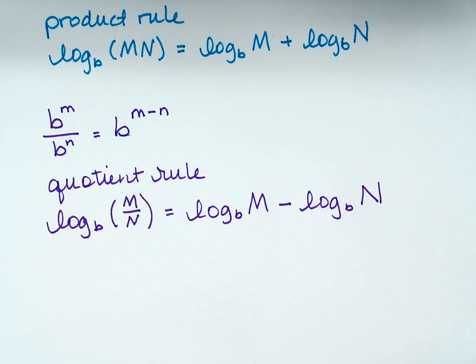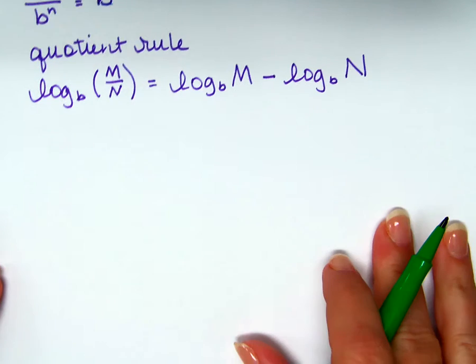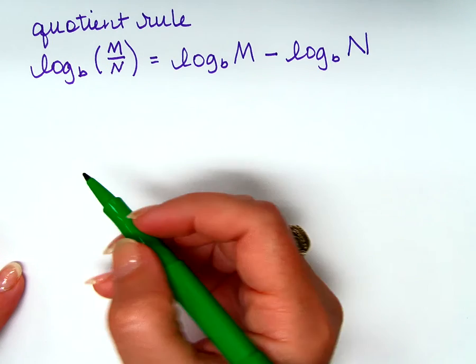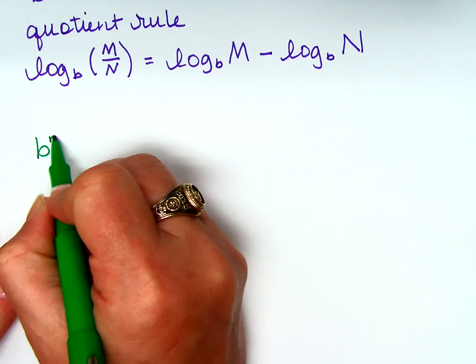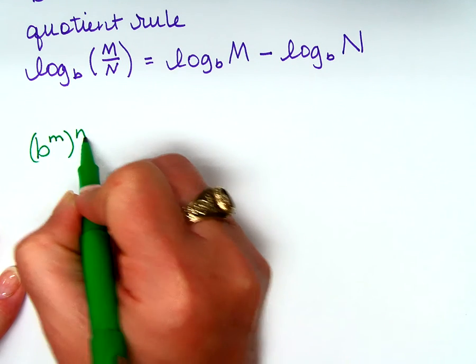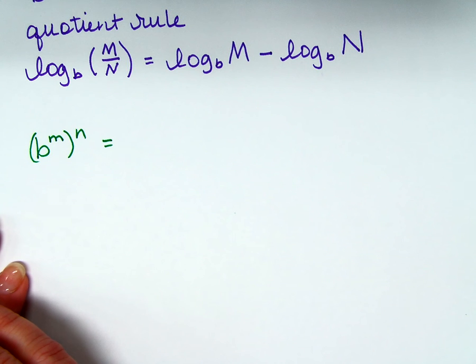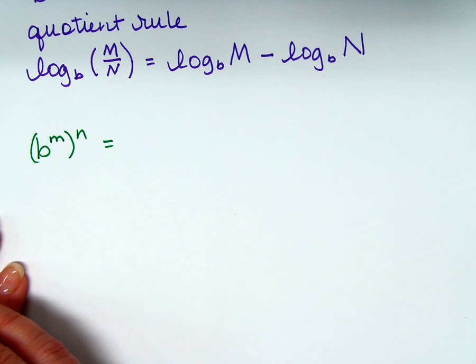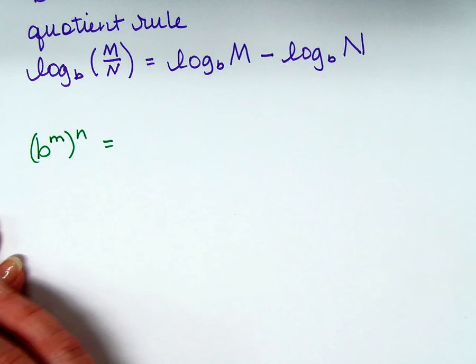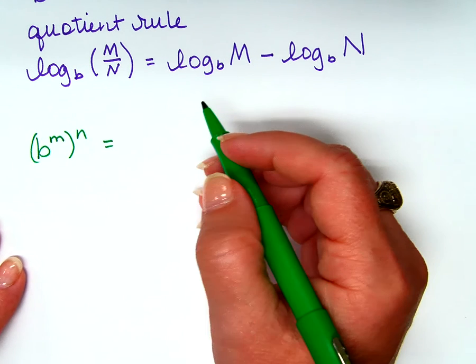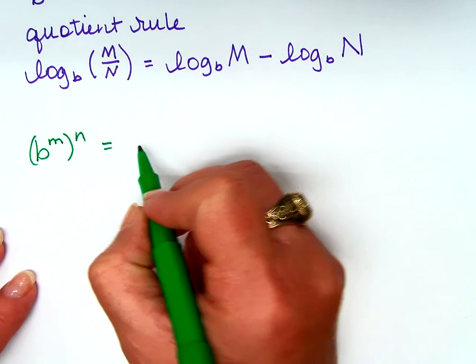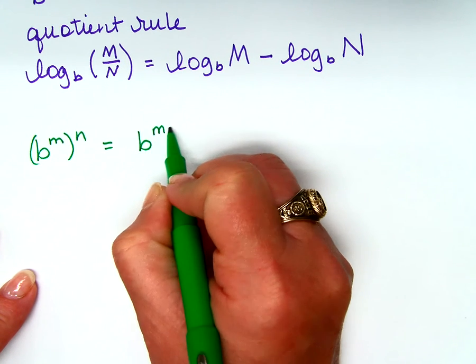Then power rule. Power rule is what's next. So once again, you remember the exponent rules. B to the m raised to the n. When I have a power to a power, what do I do? Multiply, right? So that looks like b to the m times n.